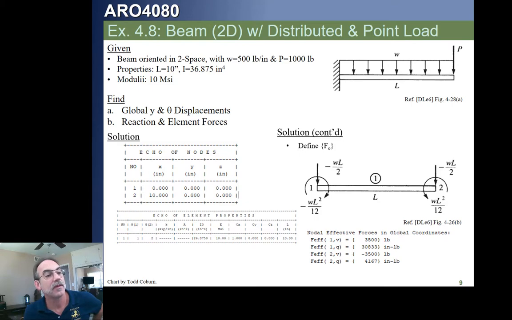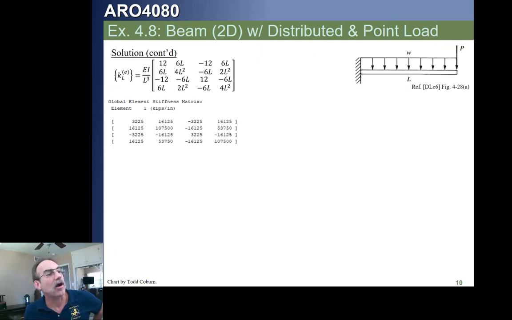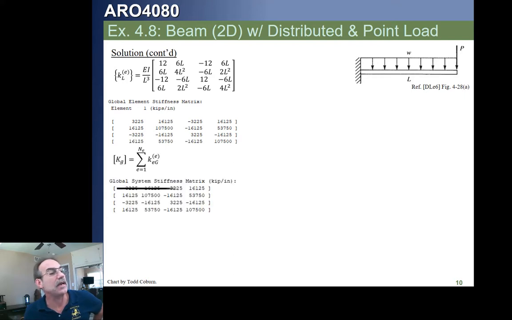Okay? See that? We've got this simulation for the distributed load at node 1 and node 2. We then are going to take our local stiffness matrix, which happens to be our global stiffness matrix, and we can remove our constraints.